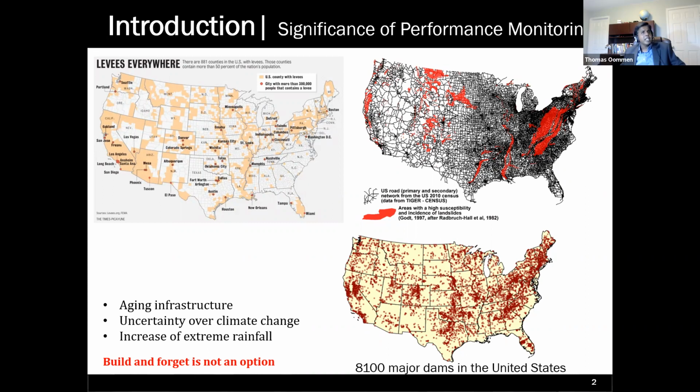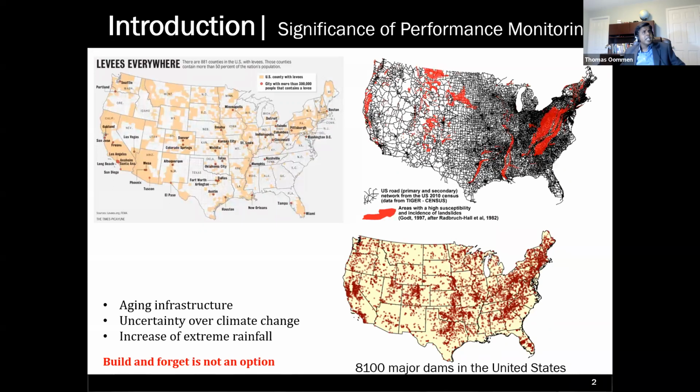If you overlay that same landslide susceptibility on the map of levees or the map of 8,100 major dams in the United States, you would see that many of these critical infrastructure are vulnerable to landslides and ground movement in the US.